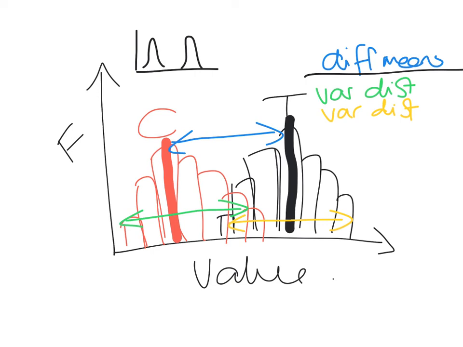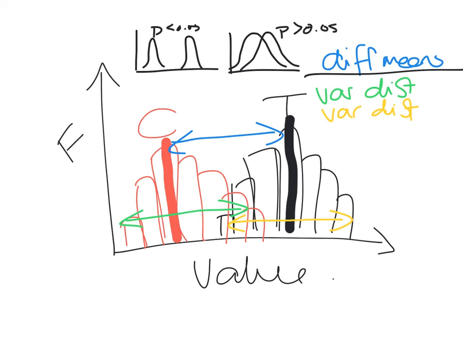But if you have a difference in means that's small relative to the variability, then that might be something more like this, where the two distributions overlap, and so the result is that there's no statistically significant difference. So on the left-hand side, we're likely to see p less than 0.05. On the right-hand side, we're more likely to see p greater than 0.05.